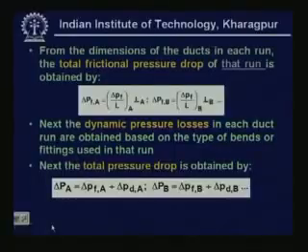Once you find the frictional and dynamic pressure losses of each duct run, the total pressure loss of that duct run is the sum of the dynamic and frictional pressure losses. That is given here. The total pressure drop in, for example, duct run A is equal to delta Pf A plus delta Pd A, similarly for B, and so on.